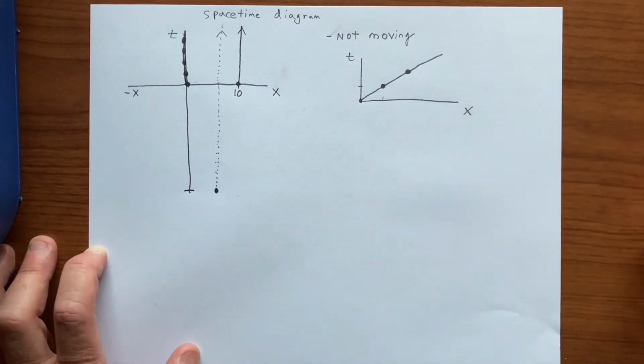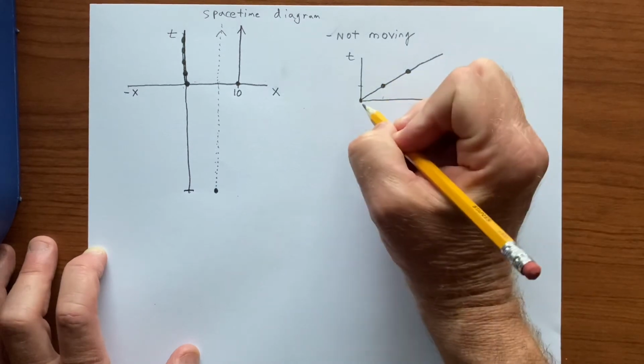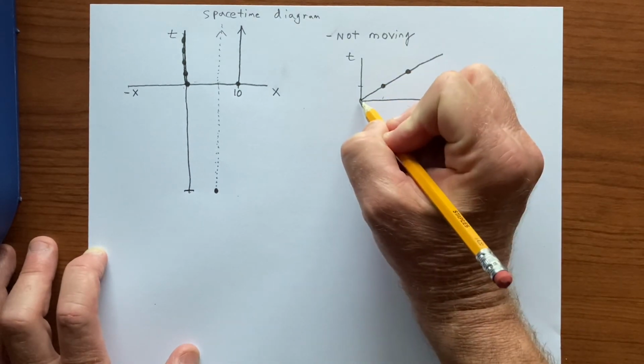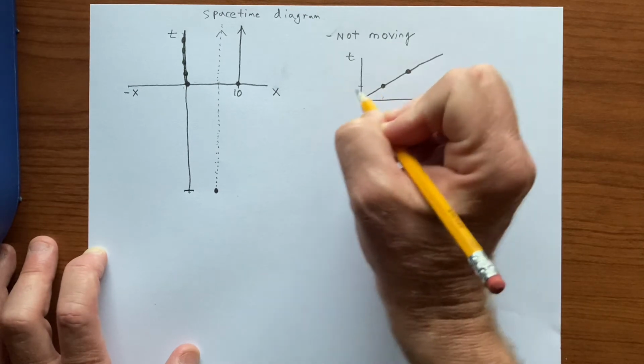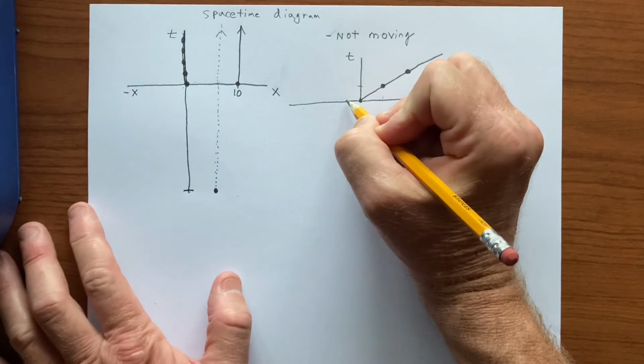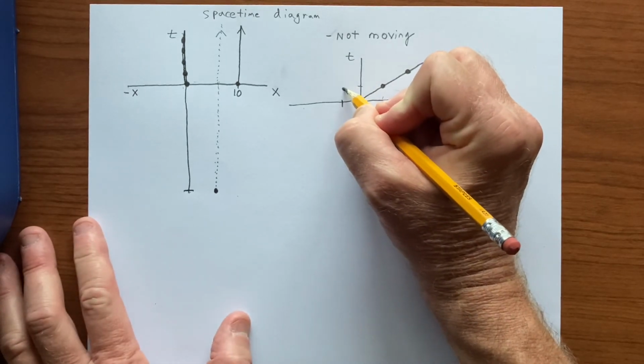What about motion through space-time to the left? Well, let's say I move at the same rate, and instead of moving at that rate to the right, I move to the left. Well, that would simply be I move to -1 at t equals 1, and so that would be something like that.